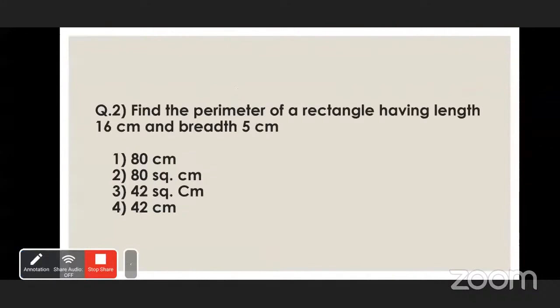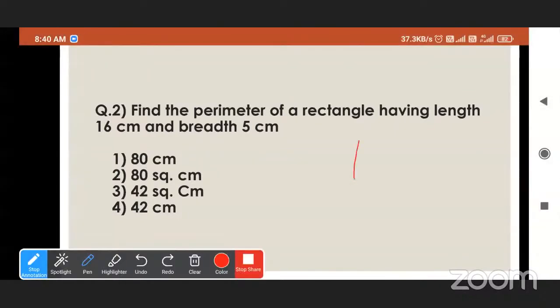Okay. Find the perimeter of rectangle having length 16 centimeter and breadth is 5 centimeter. We have to find out the perimeter of rectangle. So this is 5 centimeter and length is 16 centimeter. This is also 42 centimeter. Okay, so which option is right?